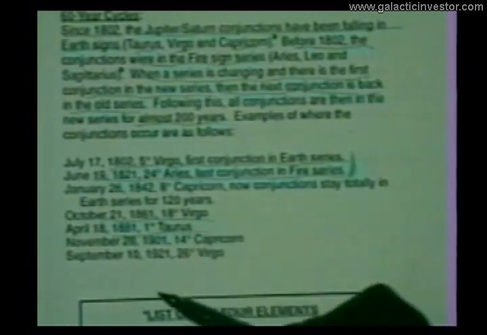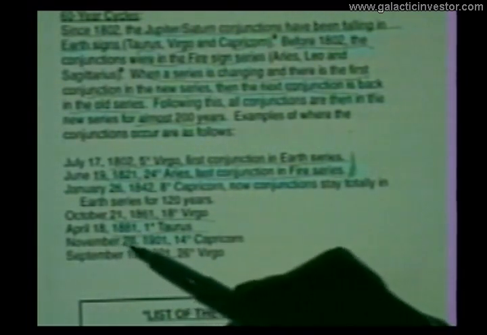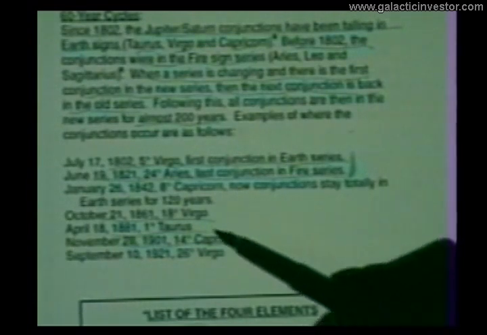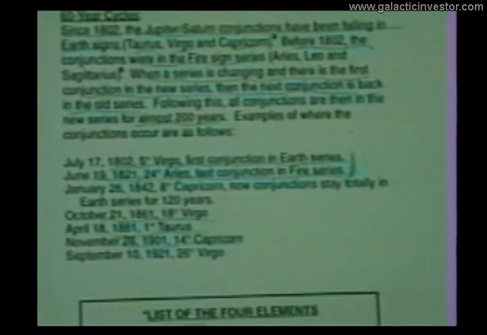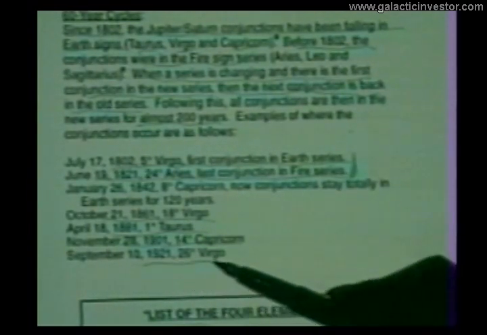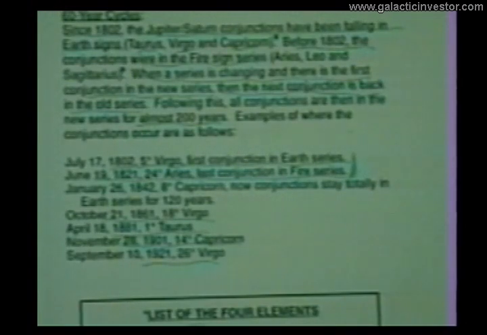Following this period, all of the conjunctions were totally in Earth. So 1861 was Earth, 1881 is Earth, and 1901 is Earth. Virgo, Taurus, Capricorn, they're Earth signs, and 1921 is an Earth sign, so we just continue with the Earth signs all during that period.